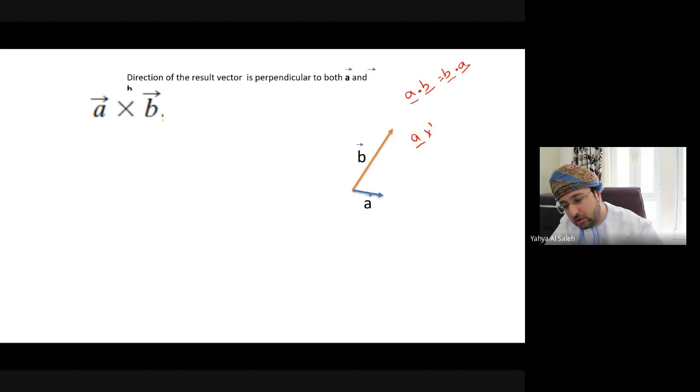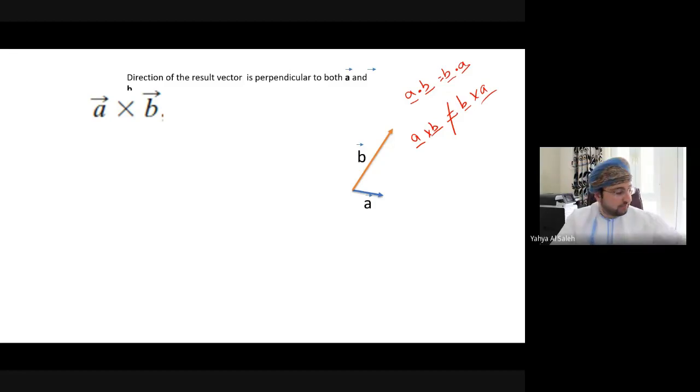A cross B is not equal to B cross A. They're not the same, and this is very, very important. As a matter of fact, remember 2 minutes ago when I told you this way and this way?